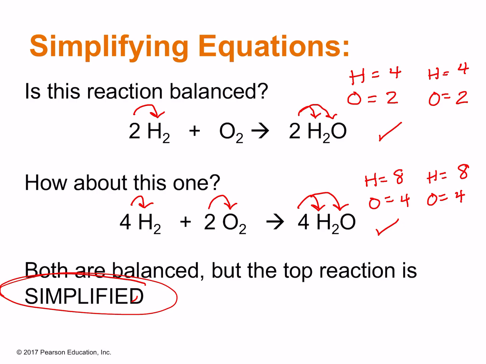So the way that you can simplify it is, if you notice, in this second reaction, all of these, 4, 2, and 2, can be divided by 2, which means that this can be simplified. These can all be reduced. So you go through and you divide all of those coefficients by 2 to simplify it. And when you do that, you'll actually get this reaction. So when you're balancing, always make sure that your reaction has been simplified.